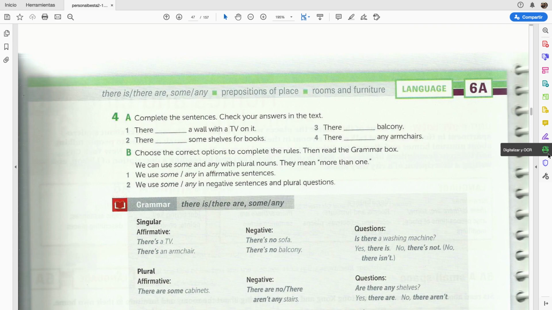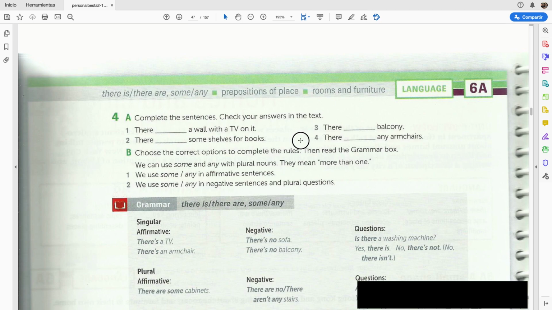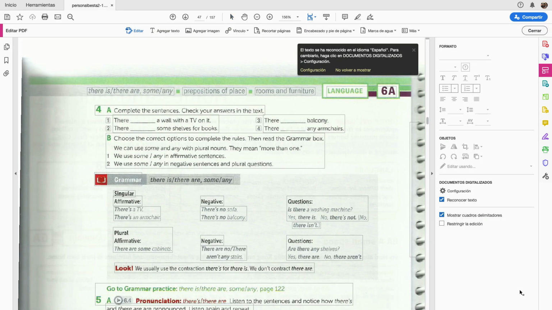Is it possible to write something? Let me see if it is possible to write something or not. Unfortunately, not. But I am going to open here a little window.